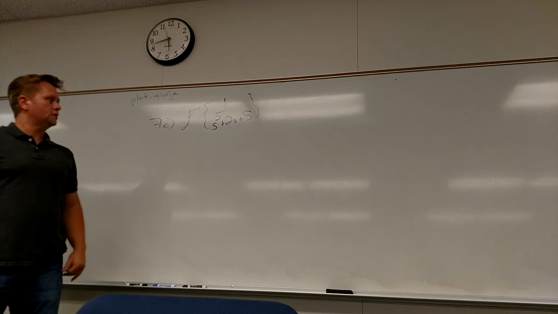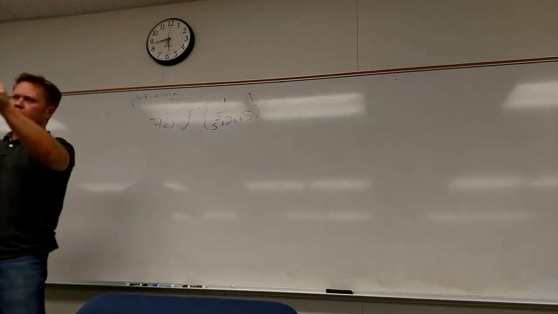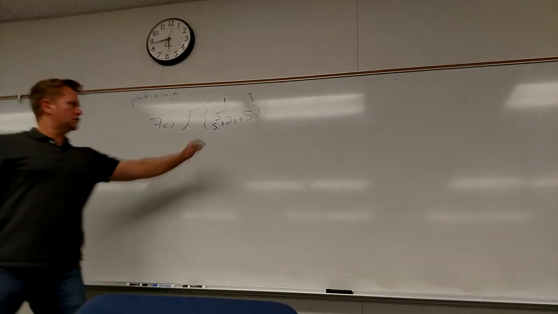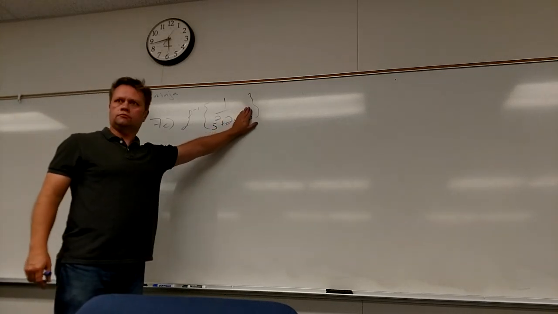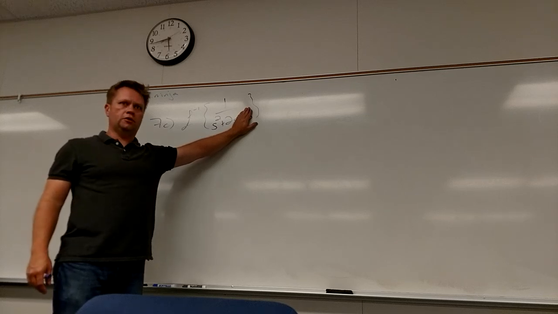So what prompts me to do something weird with the bottom here? If this 5 wasn't there, what would I do? Partial fractions, right? Because I can factor the bottom, no worries.